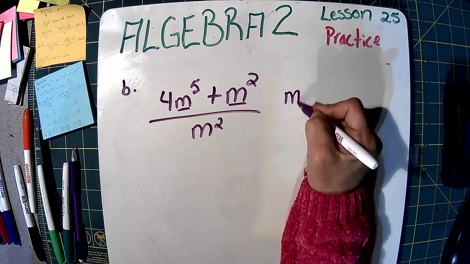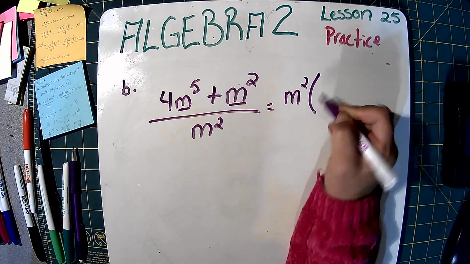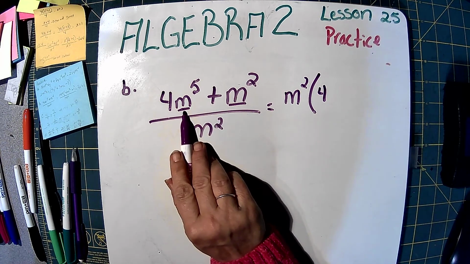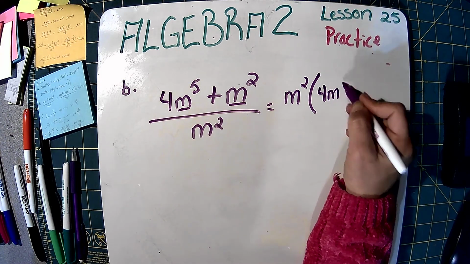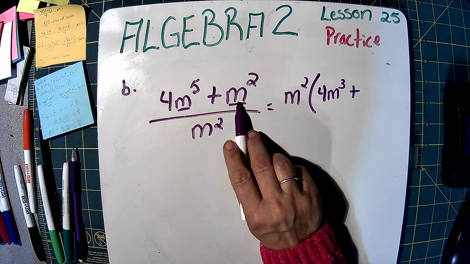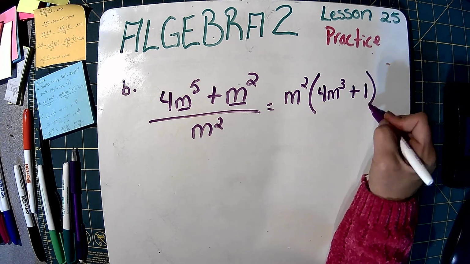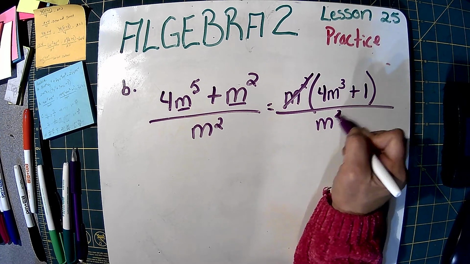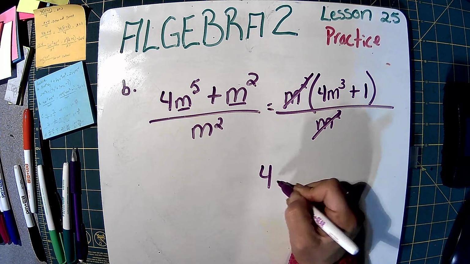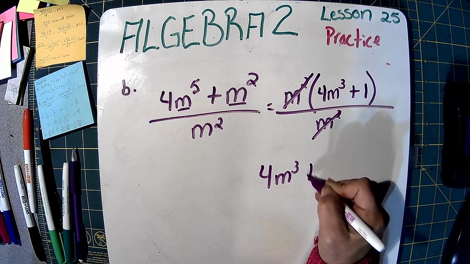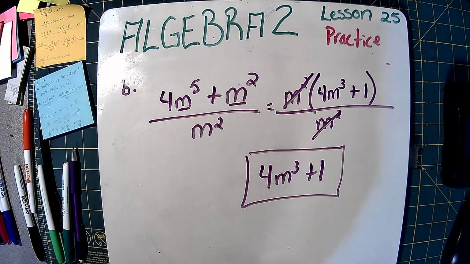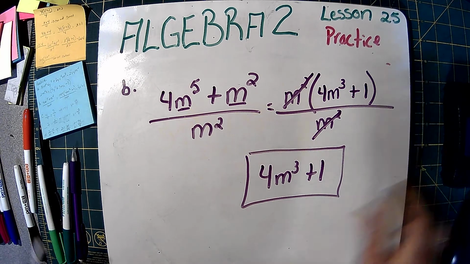So I can say this is equal to m squared times, I didn't do anything with the 4, so I'm going to leave the 4. I took 2 of those m's. I'm going to have 3 m's left. I took all this, so it'll just be a 1. These are going to cancel, and your answer should be 4m to the 3rd plus 1. That's the answer to that one.